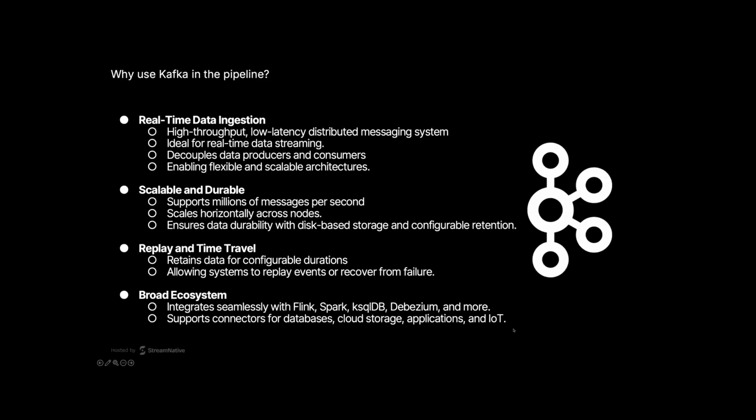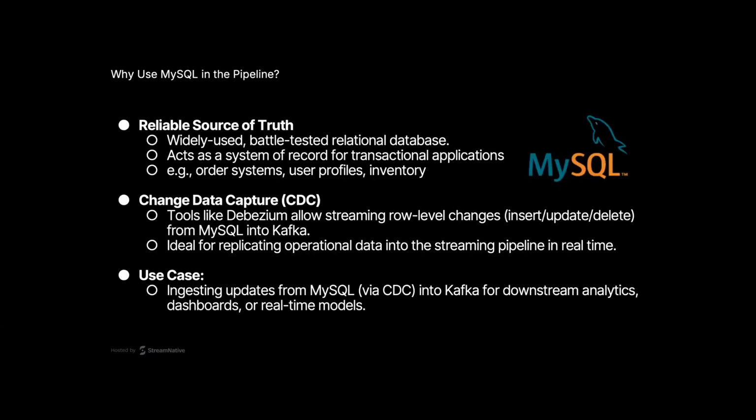We're going to use Kafka basically for getting the real-time events into our system, just for ingestion. And for MySQL, we're going to use it mostly as a lookup table. Why do I use MySQL for a lookup table? Because it's a widely used, well-tested database. You can have your lookup tables like order systems, user profiles, inventory, and everything.